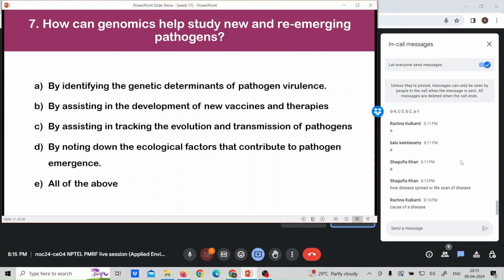What will be the determinants of it? What is the distribution of it among the population? And with these two in mind, what is the determinant of the disease and how it is distributed, we can have something like how to go about controlling the disease. So that is the whole idea of epidemiology.